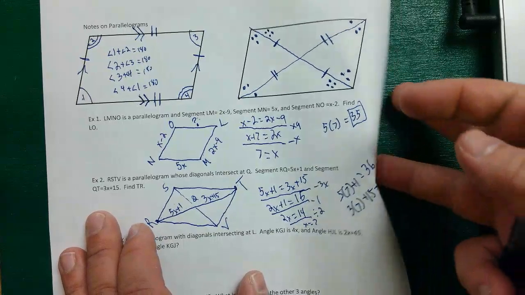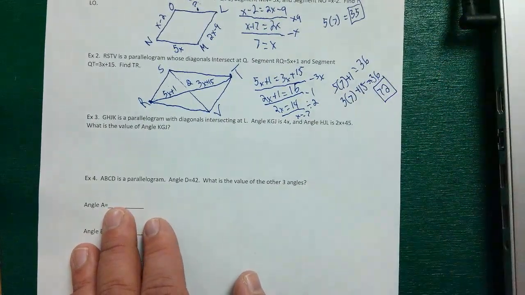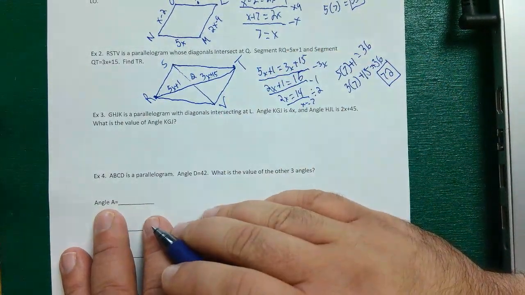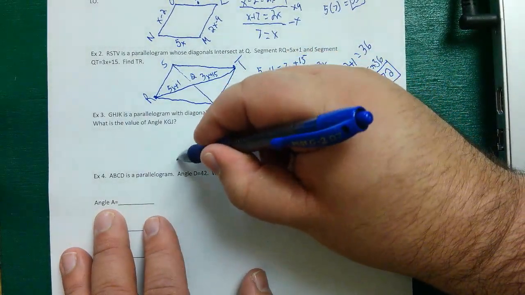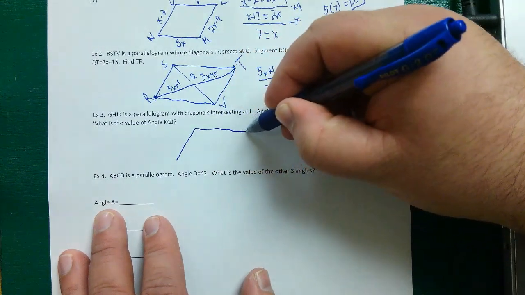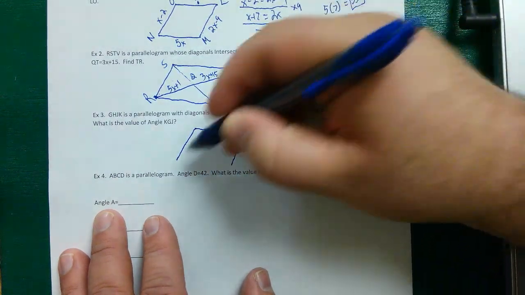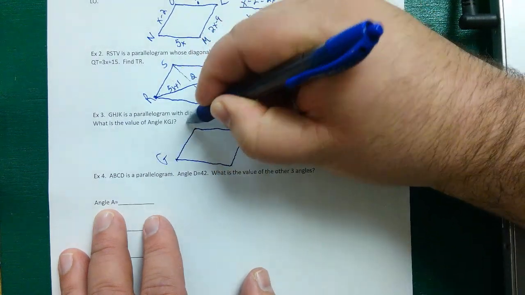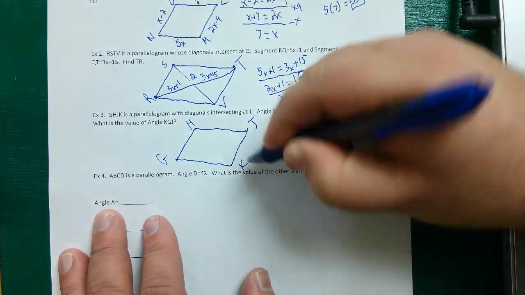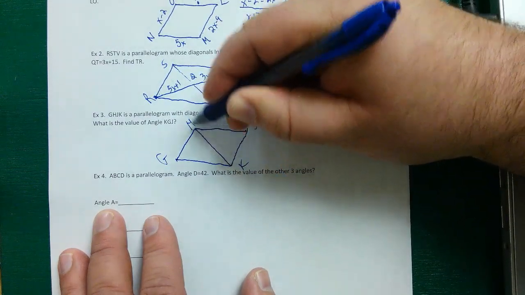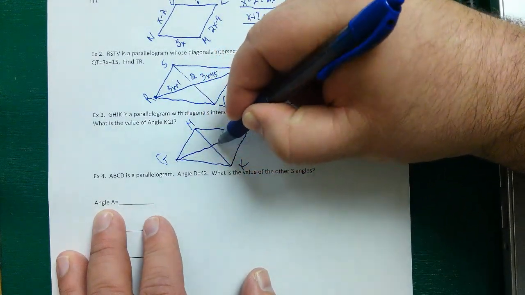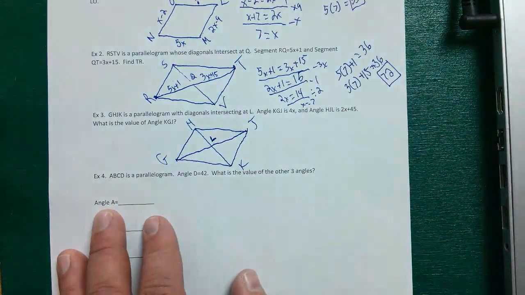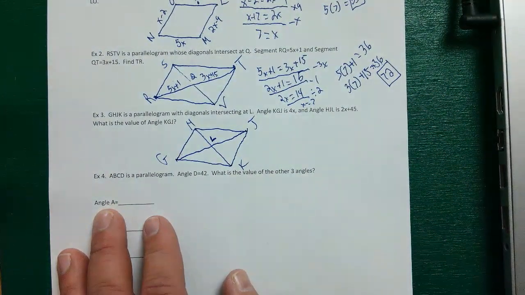All right, taking a look at our next problem here, we have parallelogram GHJK with diagonals intersecting at L. It says angle KGJ.